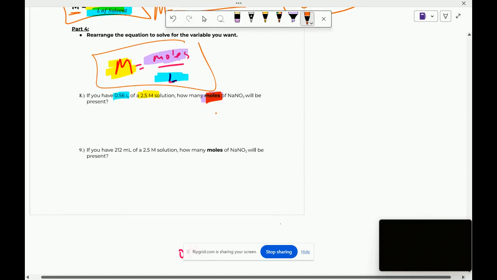All right, let's do this again. If I have 212 milliliters of a 2.5 big M, how many moles is it? So I have 212. If I divide by 1,000, it's 0.212 liters, right?